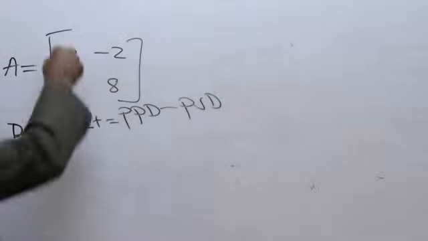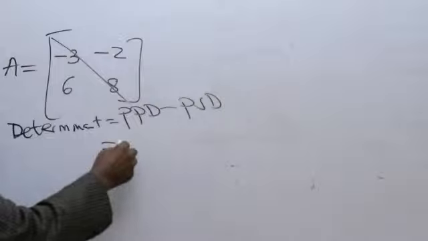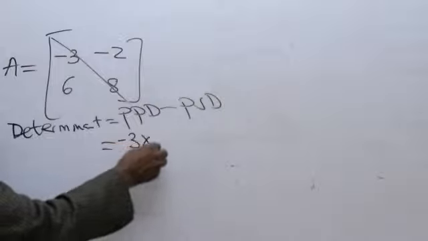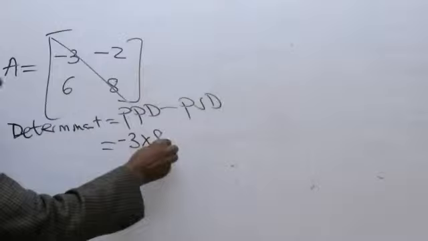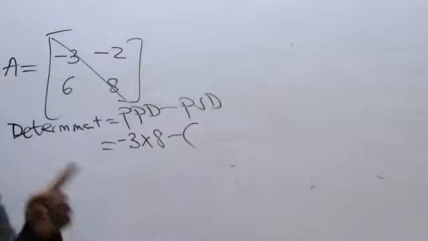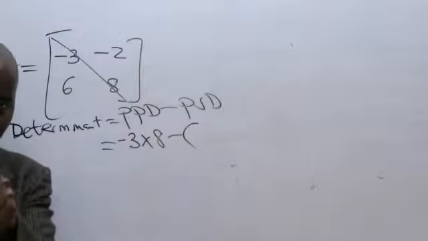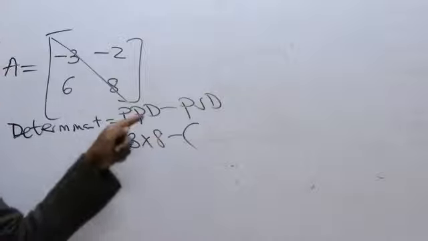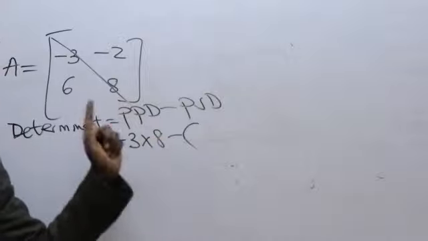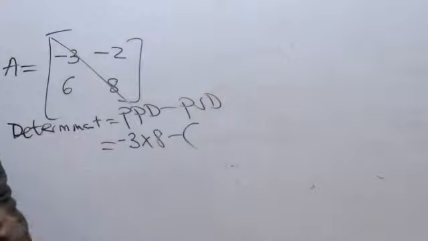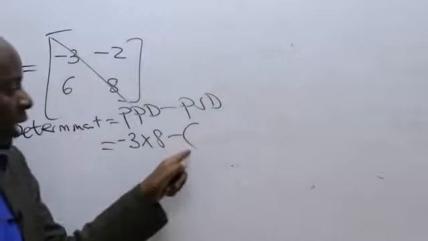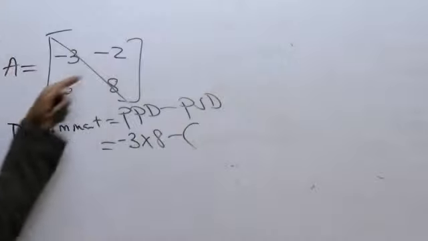So the primary diagonal moves like this. The primary diagonal is -3 times 8. And then minus the secondary diagonal, please. Many students get it wrong here because they forget putting the secondary elements in brackets. So we have open brackets for the secondary.